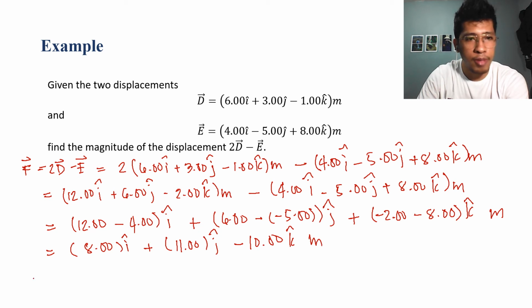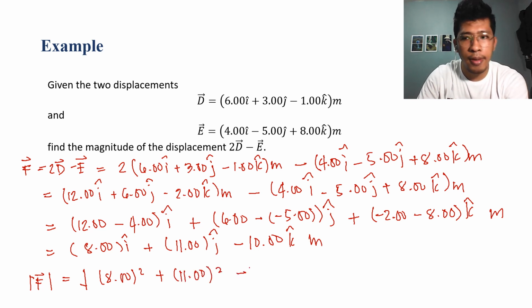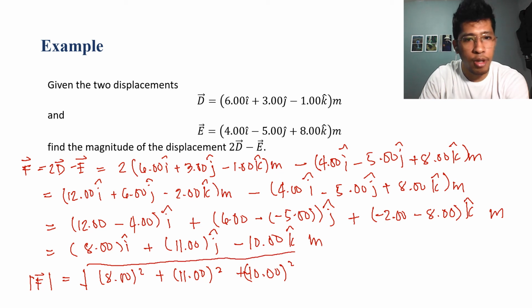So our problem is to find the magnitude of the displacement 2D minus E. So we need to find the magnitude of your F, which is just the square root of the sum of the squares. So you have 8 squared plus 11 squared plus negative 10 squared, and then we get the square root.